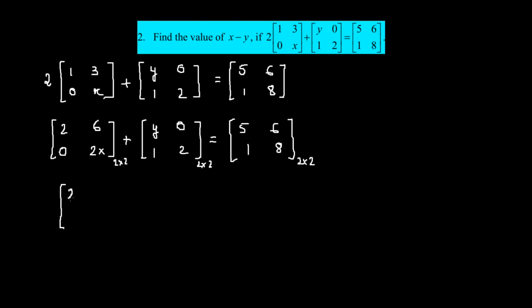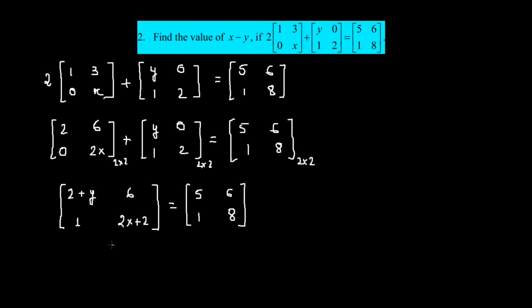So we'll have the first entry as 2 plus y. 6 plus 0 is simply 6. 0 plus 1 is simply 1. And we have twice x plus 2. So this will be equal to 5, 6, 1, and 8. Now since the two matrices are equal, that means the corresponding entries must be equal.